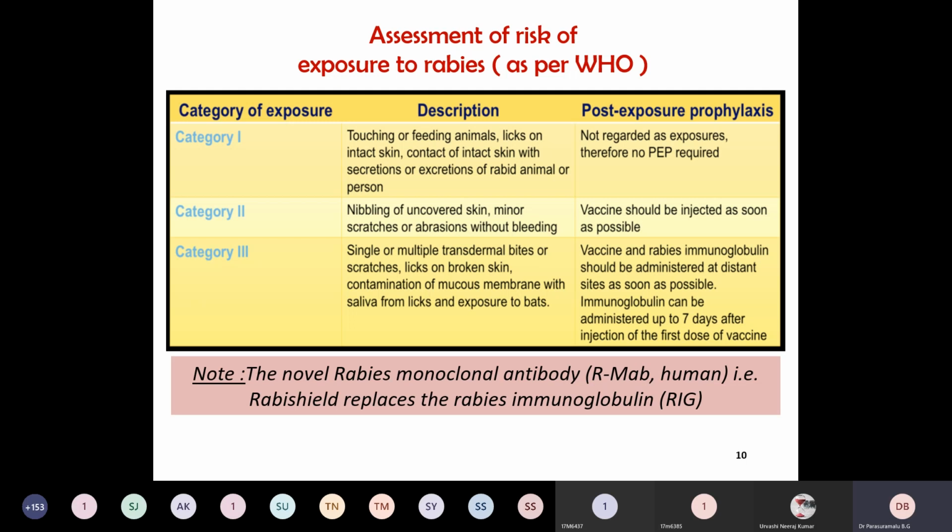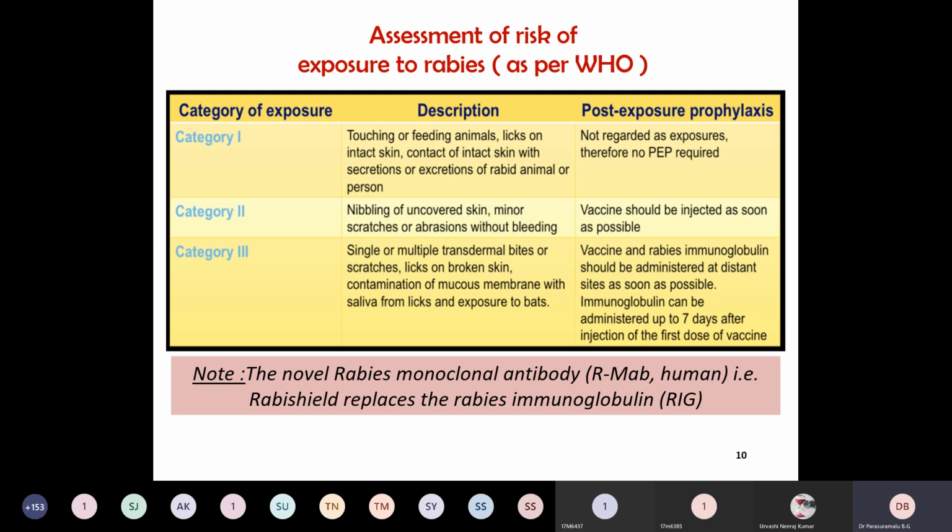Now, as far as the clinical manifestations and outcome is concerned, there are two types of rabies. The common symptoms of classical rabies in 80% of the cases include hydrophobia, that is fear of drinking water, aerophobia, fear of breeze or air, and photophobia, fear of light.